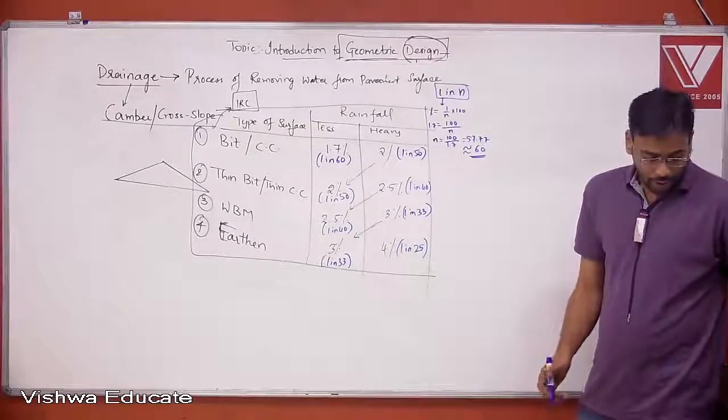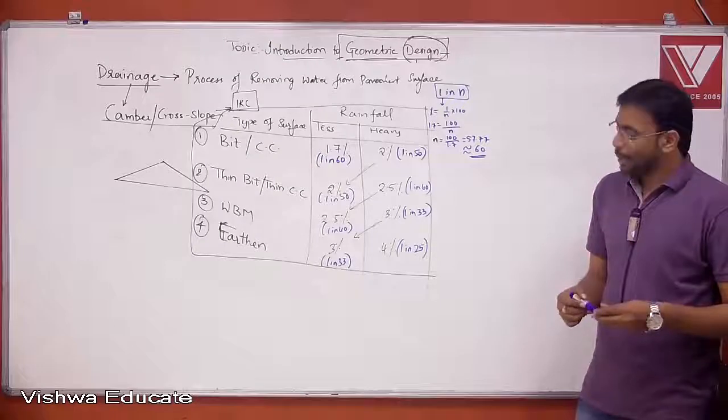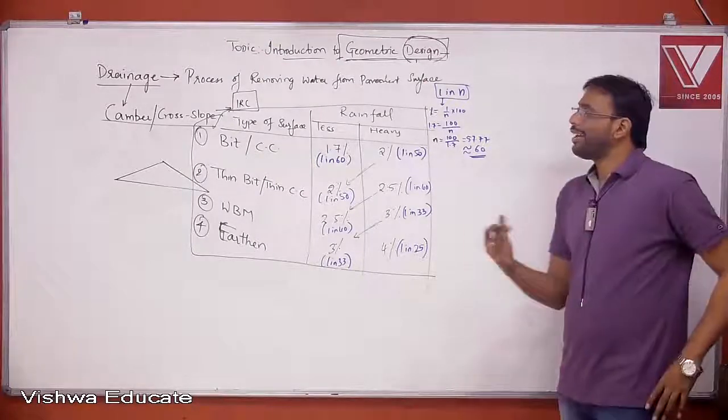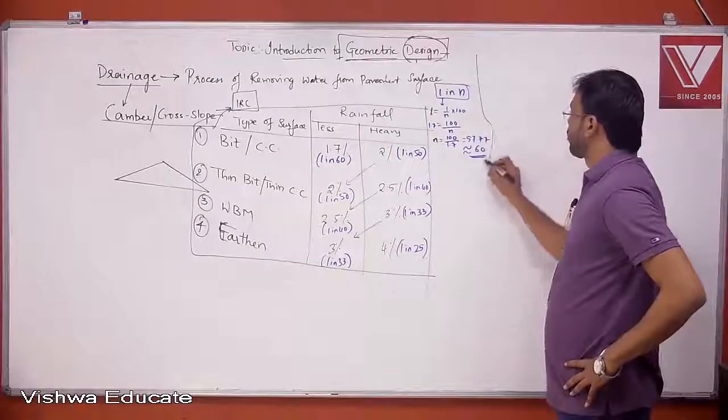Now, this is how the camber values will be obtained from the table. But we have different types of cambers also.